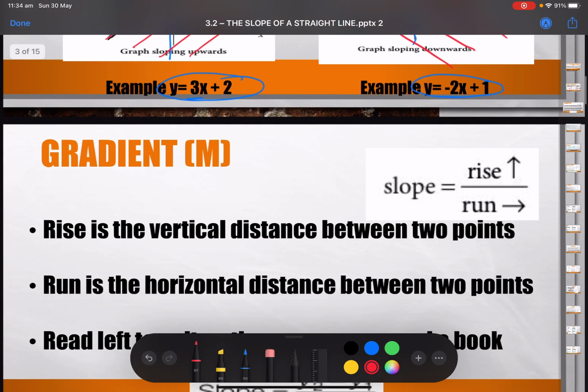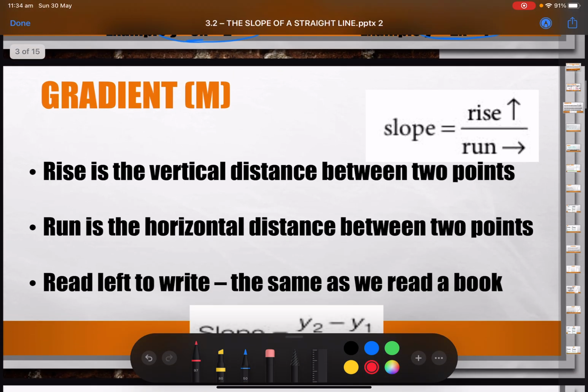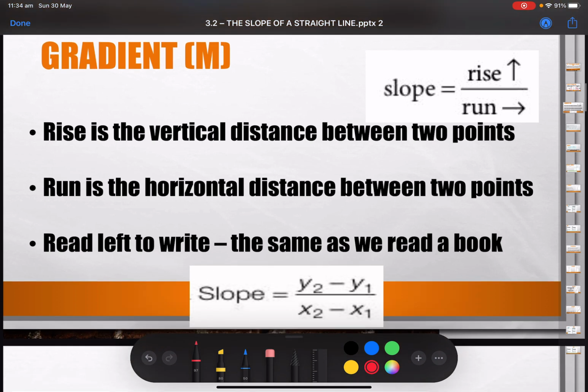In terms of calculating our gradient, basically we need two coordinates, okay? Our gradient or slope is looking at how much we are rising between the two points, the vertical distance, and then how much we are running, what we call the horizontal distance. So run is the horizontal distance between our two coordinates.